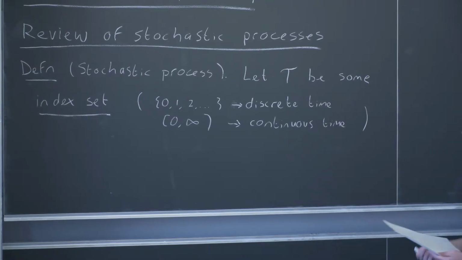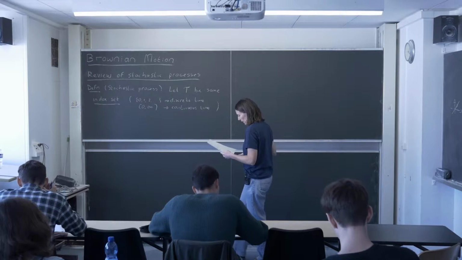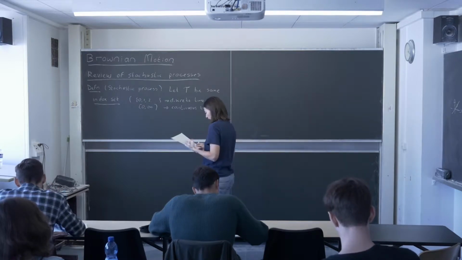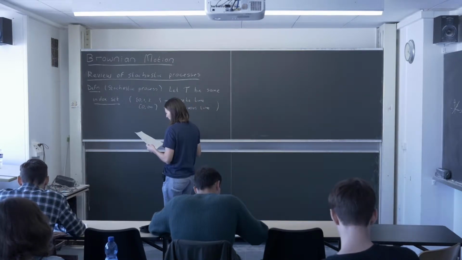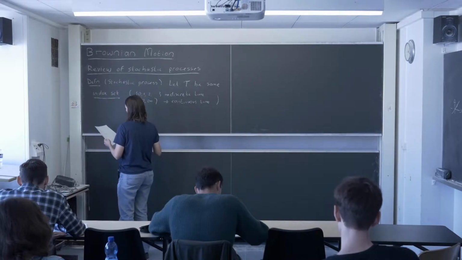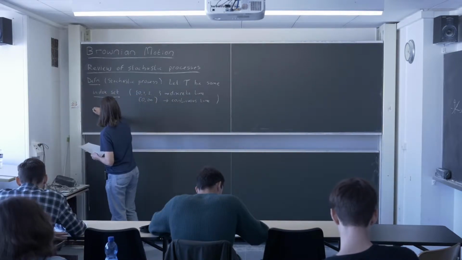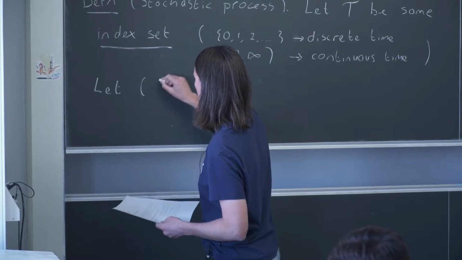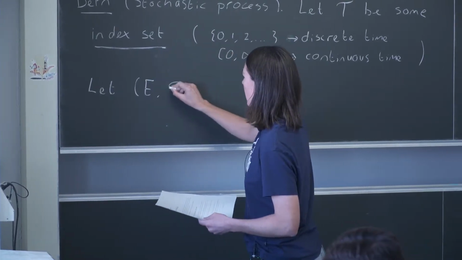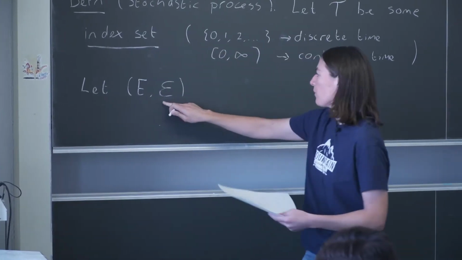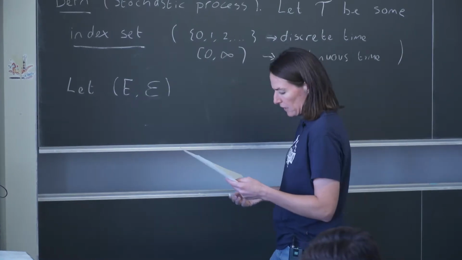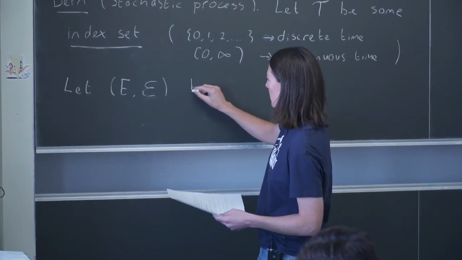Okay, so we need an index set for a stochastic process. Then we need some measurable space. So let E, with the curly E being the associated sigma algebra, be some measurable space.